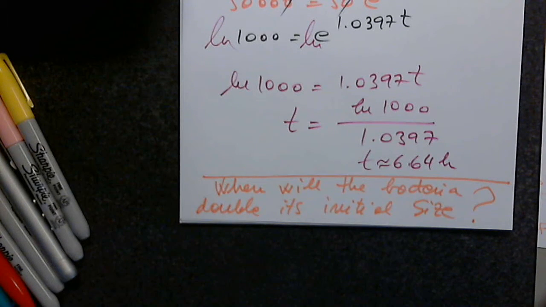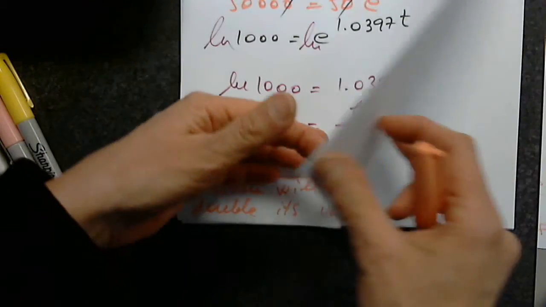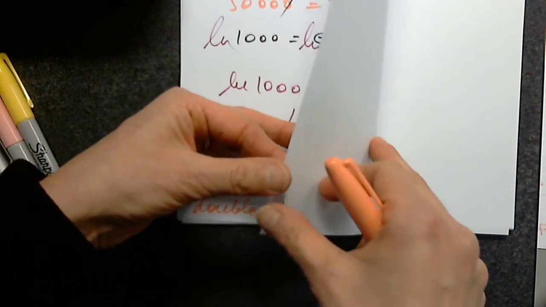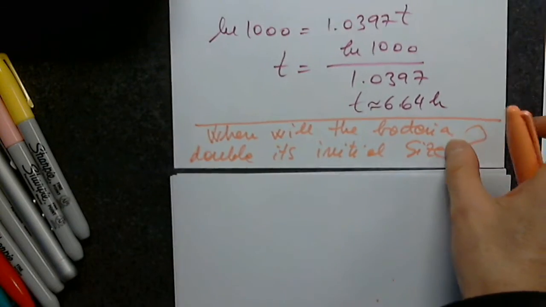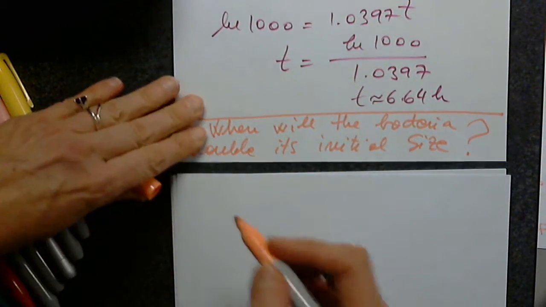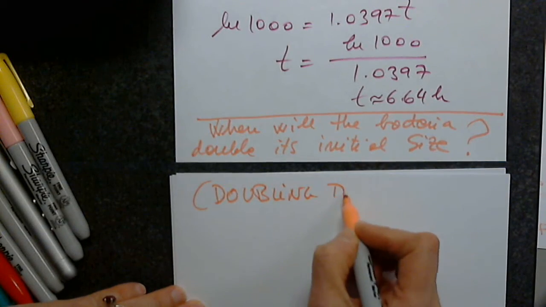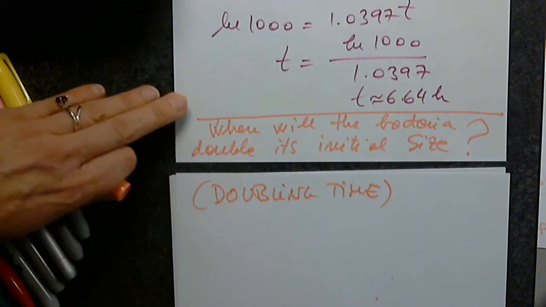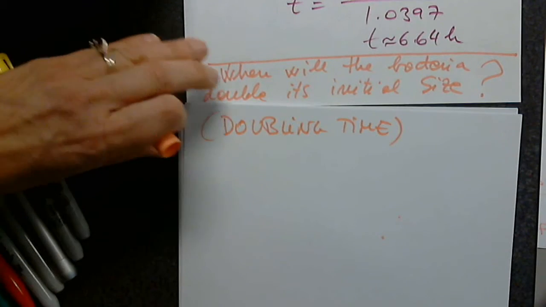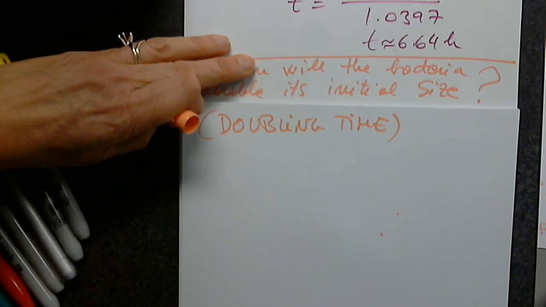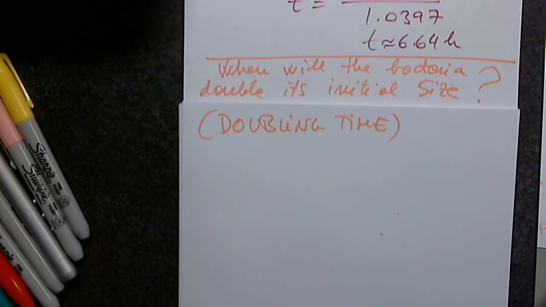What do I mean by double 50? 100. Good. So I'm asking, when will the bacteria be 100? This is also called a doubling time. How do I find when the bacteria will double its initial size?